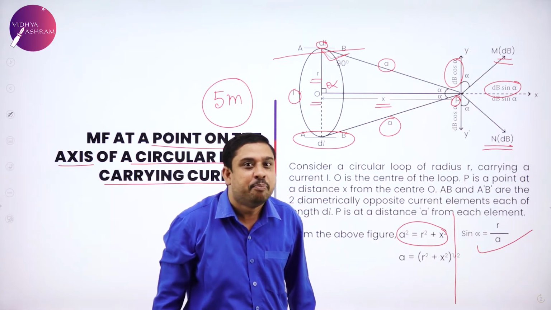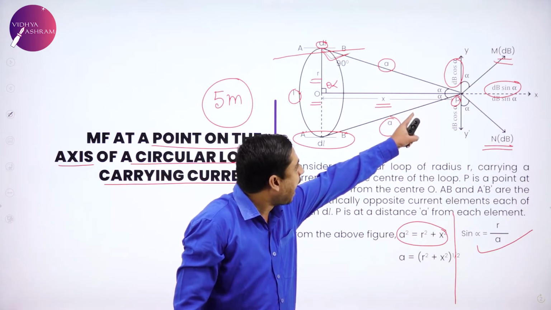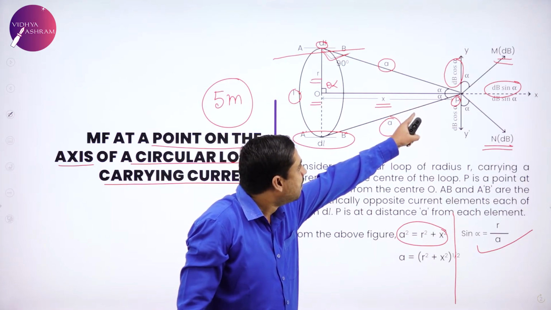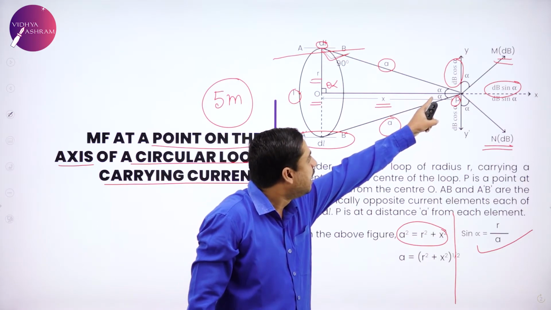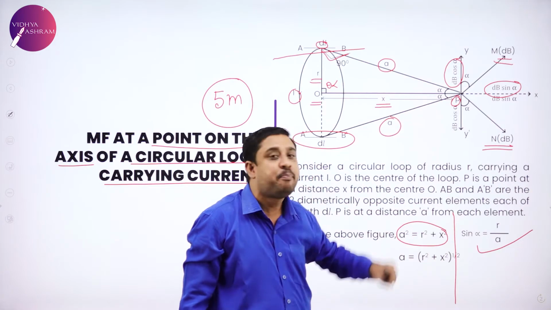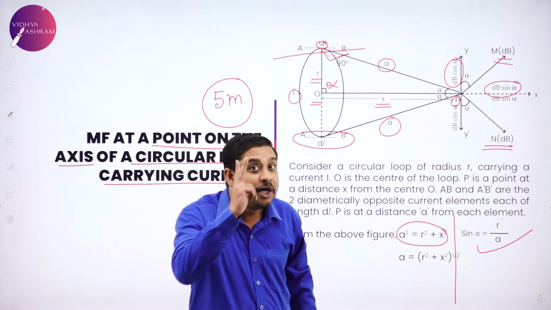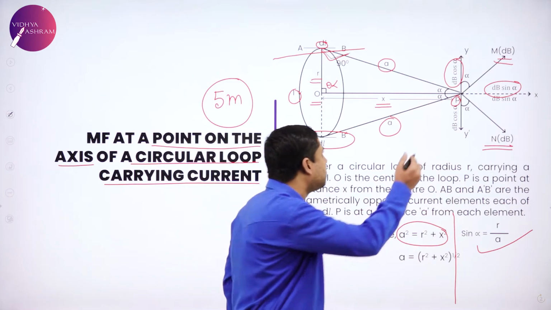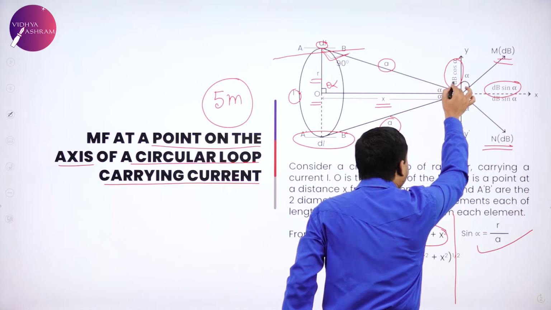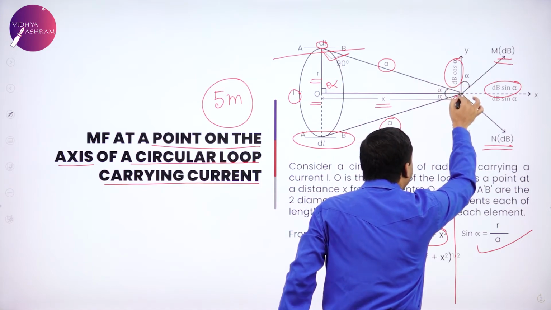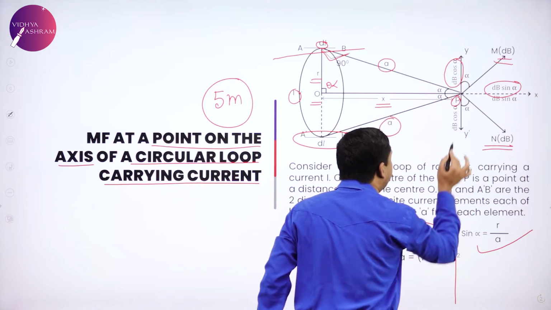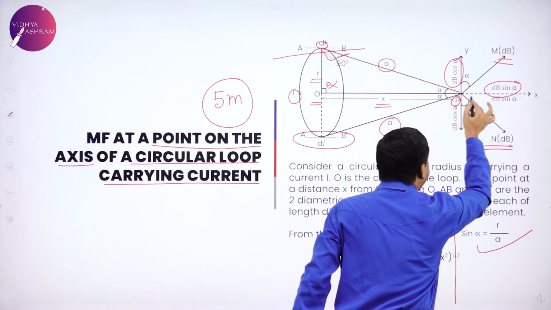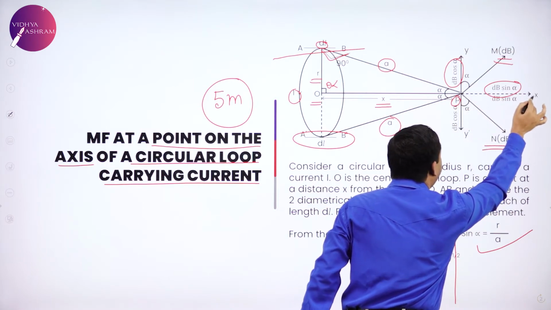Magnetic field which is acting along the direction Pm, into two components: dB cos alpha along Py, dB sin alpha along Px.